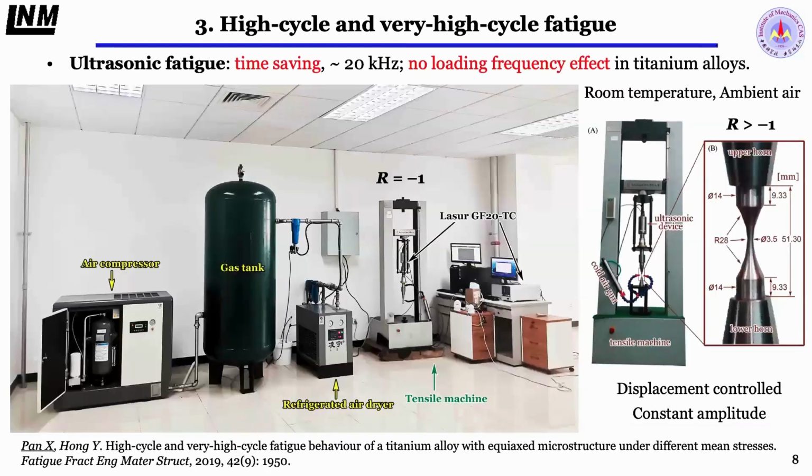This is our high cycle and very high cycle fatigue lab. This shows we use an ultrasonic device. This figure is for R equal to -1, meaning symmetric push-pull, and we use cool gas to cool the specimen during the loading.